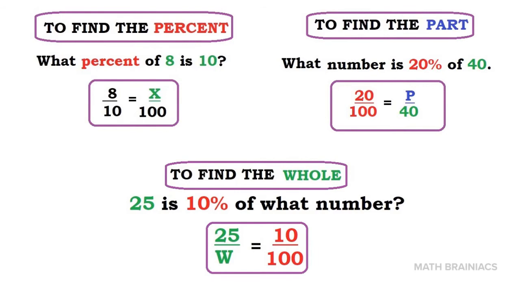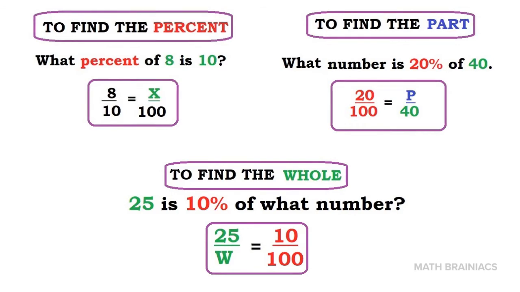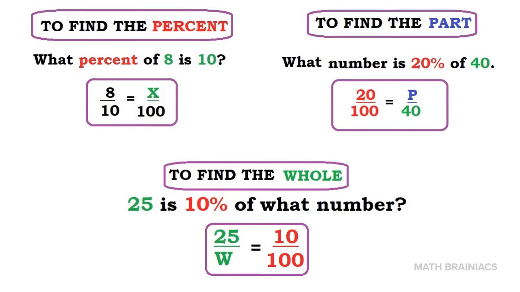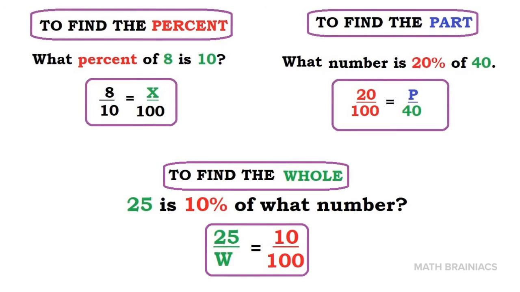Likewise, it will be equal to the part of the number over the whole number, and we're going to apply the cross multiplication product to solve for the part. Correspondingly, in finding the whole, the ratio must always be the part over the whole, and the percent must always be converted into fraction. Therefore, we are going to divide it by 100. Then, apply the cross multiplication product so that we can solve for the whole.